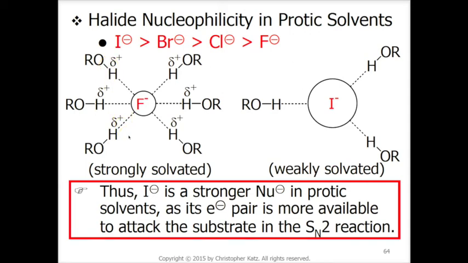All right. So iodine here is a stronger nucleophile in protic solvents, as its electron pair is more available to attack the substrate in the SN2 reaction. Why is it more available? Because it is weakly solvated in a protic solvent, if you want to go that route. And if you don't want to go that route, then don't.